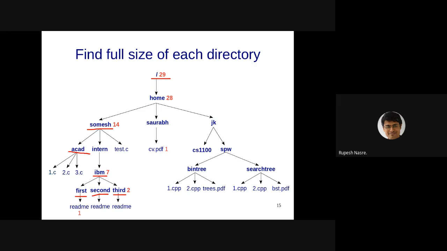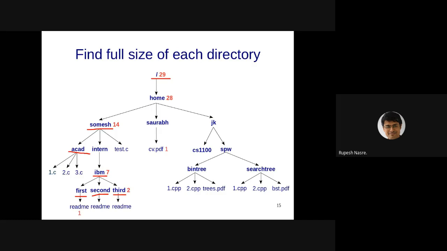Okay. So yeah, these codes are all correct, and one of the important observations is that this code does is that you know the directory size, a particular subdirectory size, only after going through the whole subtree. You know the directory size of, let's say, Somesh only after you have gone through the whole subdirectory of Somesh, right?